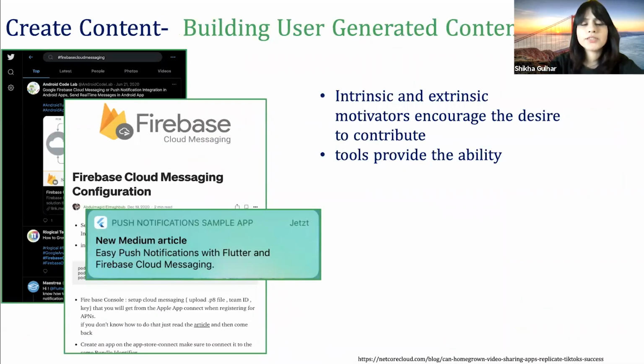The next component of this loop is strategies in place to create content. Now, in order for content to be created, we again need to look at BJ Fogg's model of trigger, motivation, and ability to act. For social content to be created on your platform or for your product, the trigger can come from both intrinsic as well as extrinsic factors.